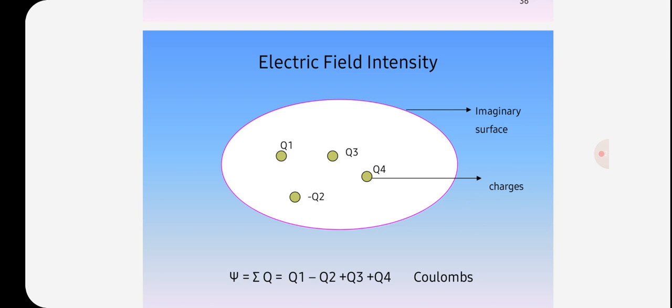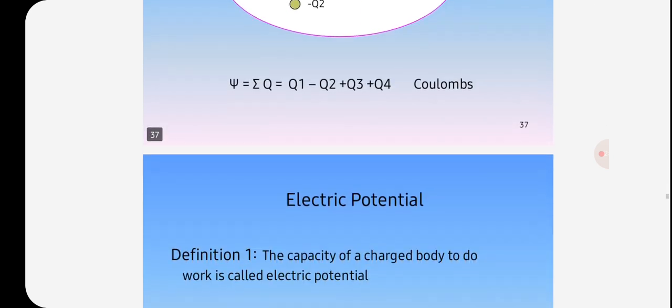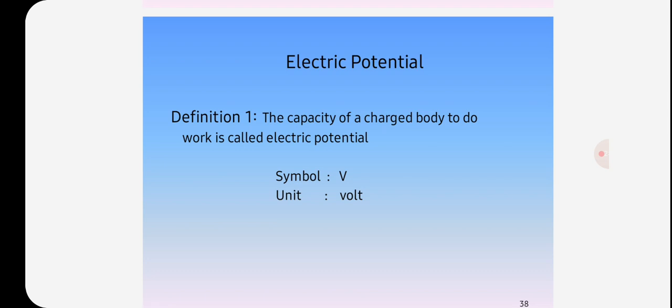If there are a number of charges Q1, Q2, Q3 and Q4, then according to Gauss theorem, the total flux crossing the surface is given by psi is equal to Q1 minus Q2 plus Q3 plus Q4 coulombs. So that is sigma i is equal to 1 to n Qi.